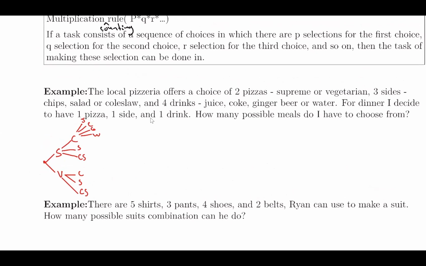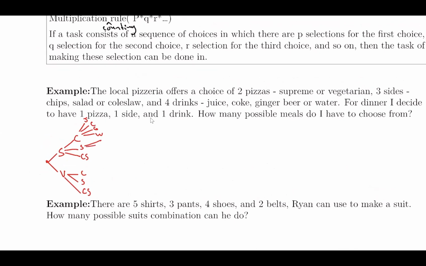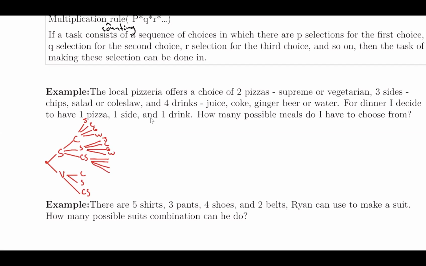But if I pick a salad, I could also make those 4 selections. I could select a juice, a Coke, ginger beer, or water. But if I pick coleslaw, I can also make those 4 selections. So we could say juice, Coke, ginger beer, or water.